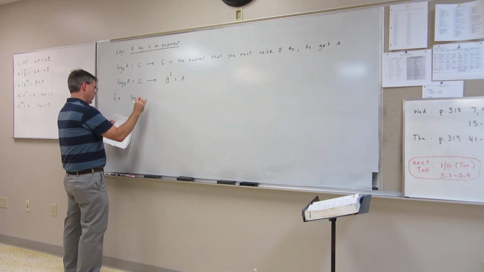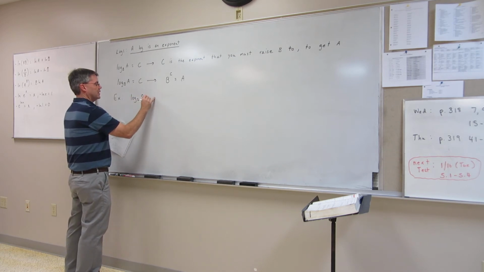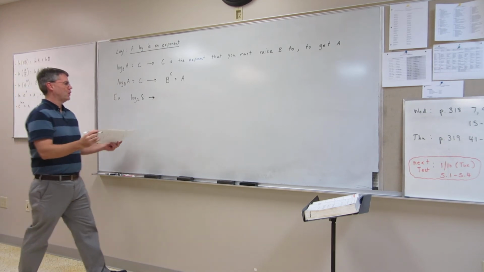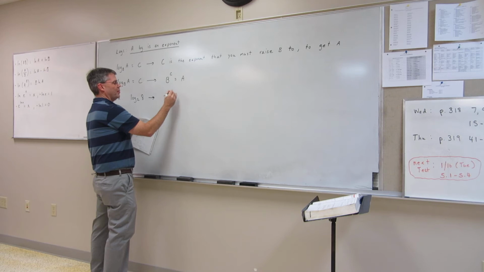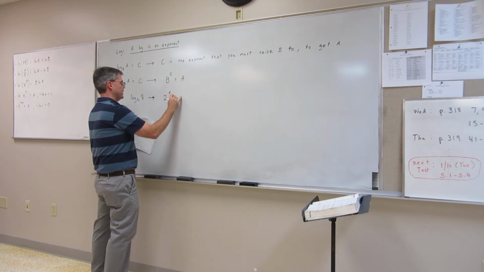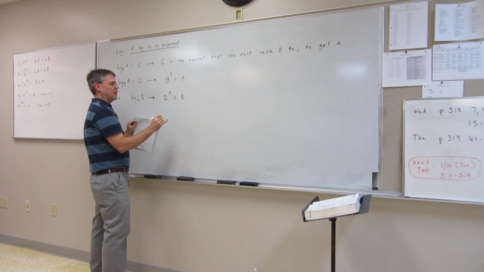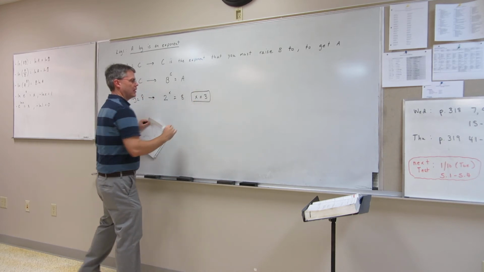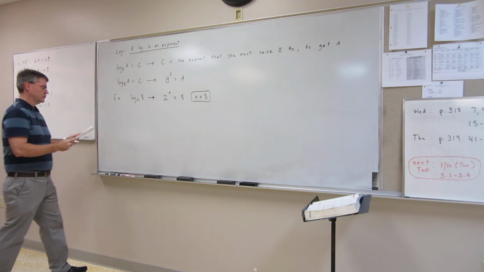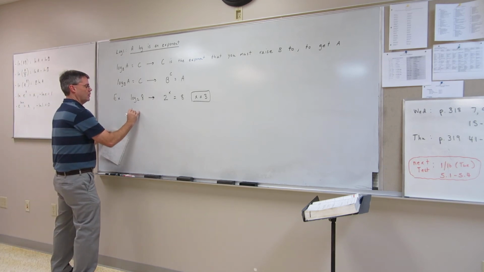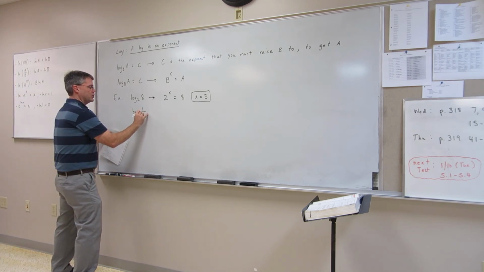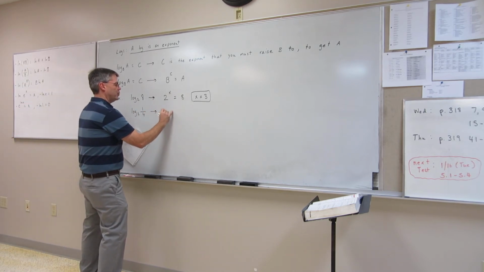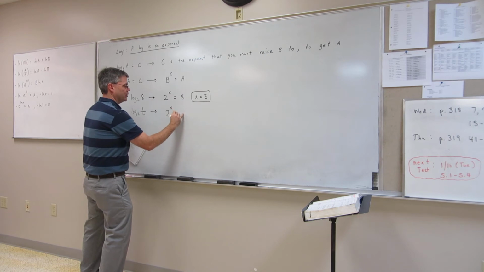So just to remind you of the stuff that we did about this time last year in pre-cal, if we were to evaluate log base 2 of 8, we would just rewrite that as an exponential. That would be 2 to some power x is equal to 8. Right, so x would be 3. If we were to take the log base 2 of 1/4, that would be 2 to the x power is equal to 1/4.